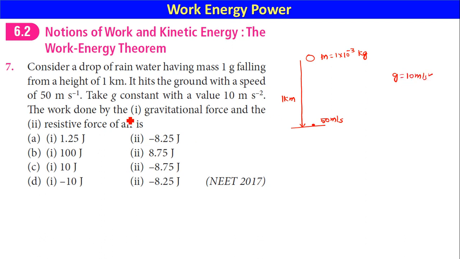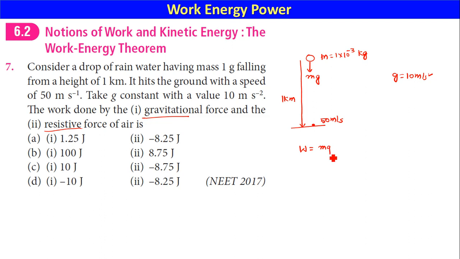Alright, so now the question is what is the work done by the gravitational force as well as the resistive force of air. So first of all, this is the gravitational force. Let me take it as mg. The work done by the gravitational force, any force actually, is force times displacement.